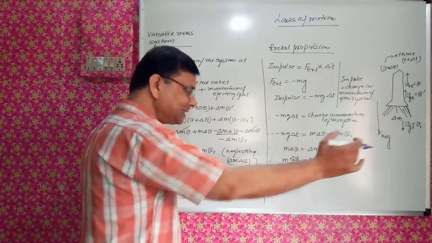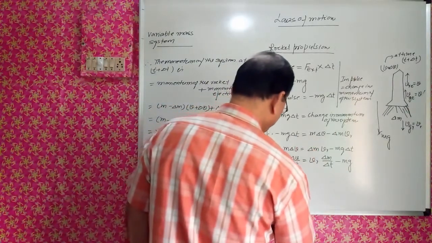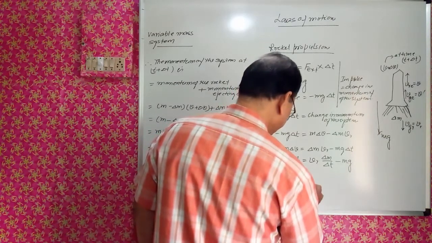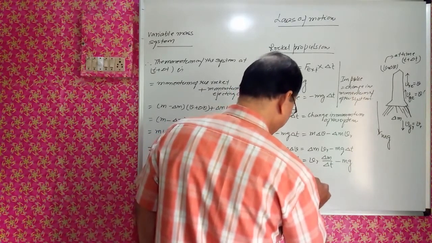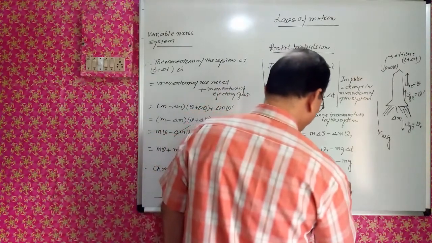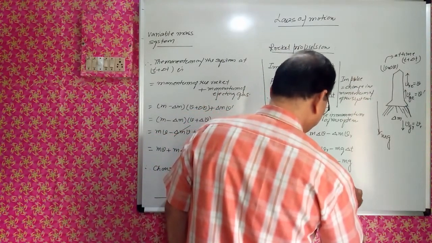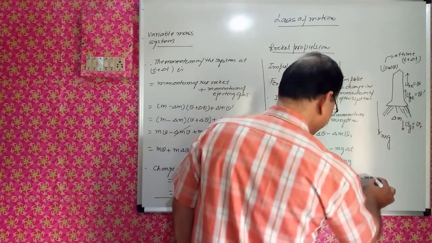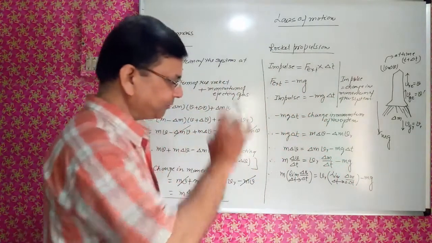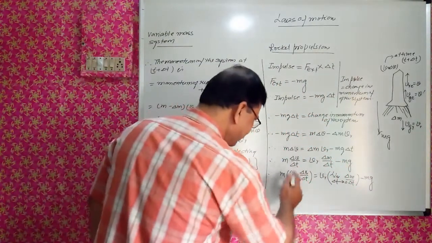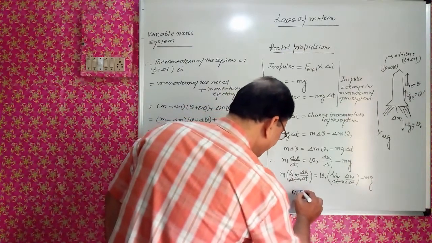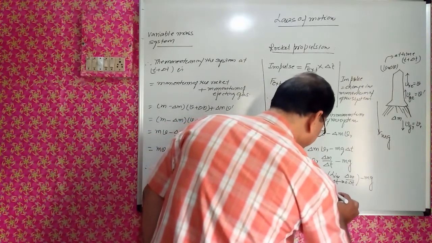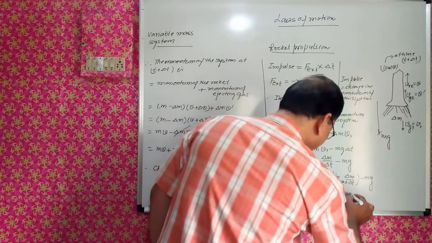If delta t tends to 0, we can write m limit delta t tends to 0 of delta v upon delta t is equal to vr limit delta t tends to 0 of delta m upon delta t minus mg. This is the constant quantity for the beginning. Therefore m into dv upon dt is equal to vr dm upon dt minus mg.